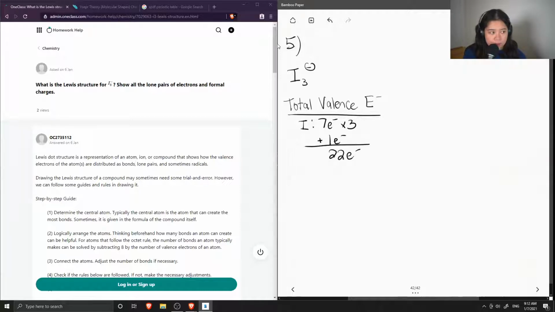Okay, so it makes the most sense if we draw the structure in a line. Okay, so now I'm just going to draw in all the lone pairs of iodine and count out how many electrons I've drawn so far.